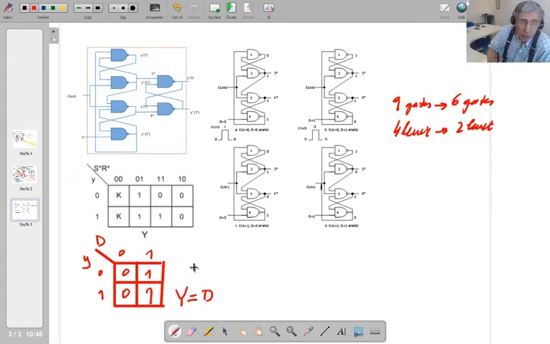Before we start, let me explain something. This is the S star R star fundamental memory element definition relation. So that means the definition relation of this element. The output of the S star R star memory element is this. This output is also the output of this brown framed D-type memory element. So this output is the S star R star memory element output, and at the same time the D-type memory element output.